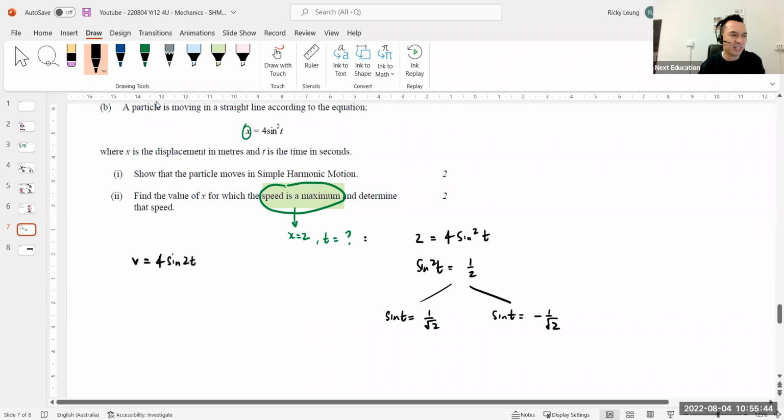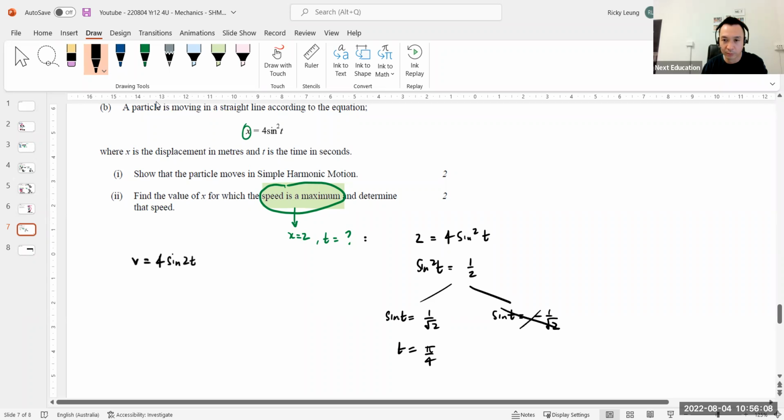Yeah. Now it says speed. So I think technically if I do both and I sub it in, what you're going to find is you're going to find maximum and minimum velocity. But when we talk about speed, they're both the same, just direction. One's plus, one's minus. So you just have to sub the positive one in. So if I shift sine or inverse sine that, that's pi/4, right?